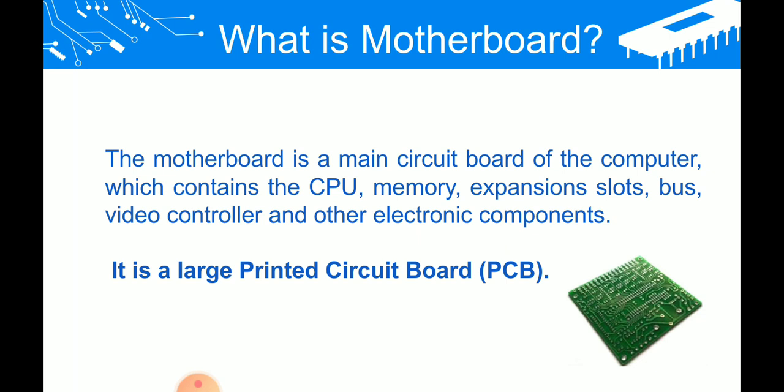So a PCB having many chips, ports, controllers and other electronic components mounted on it is called a motherboard. All the communications in the computer must happen through the motherboard only. That can be either directly to the motherboard or through its ports.